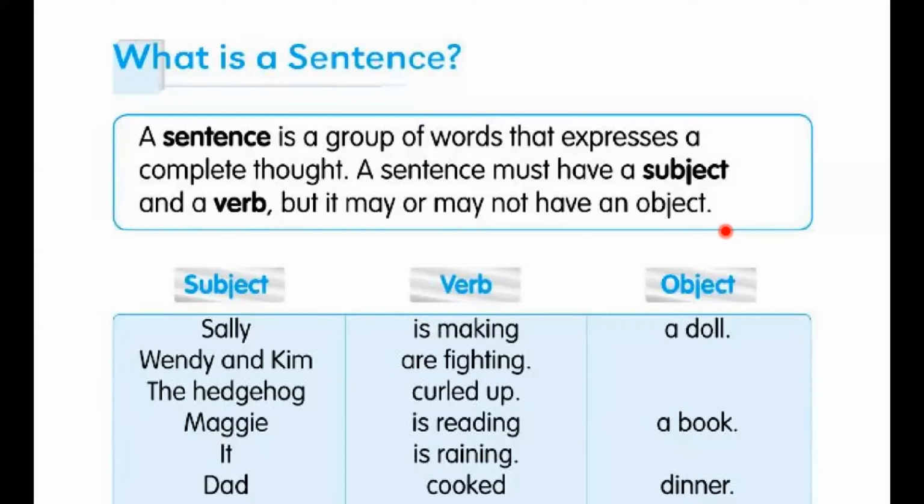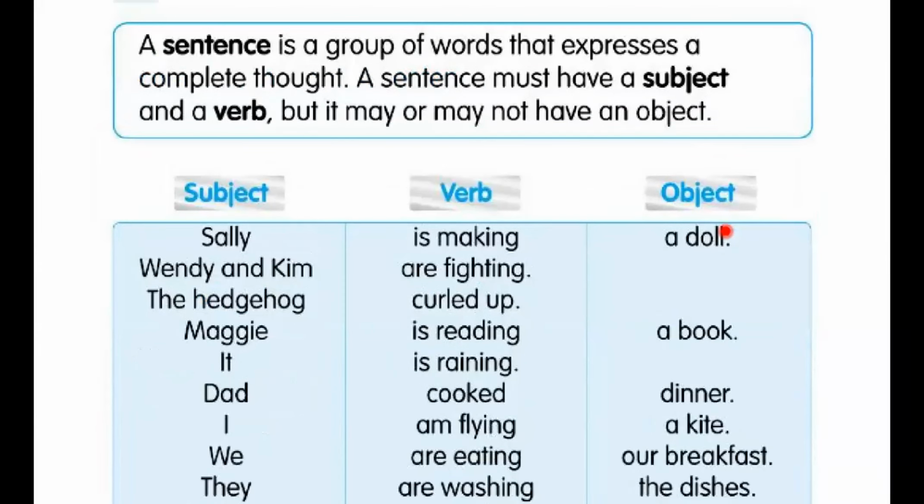Just now I have said a sentence, right? As you can see, Sally is making a doll. So here Sally is subject, is making is verb, and object is a doll.